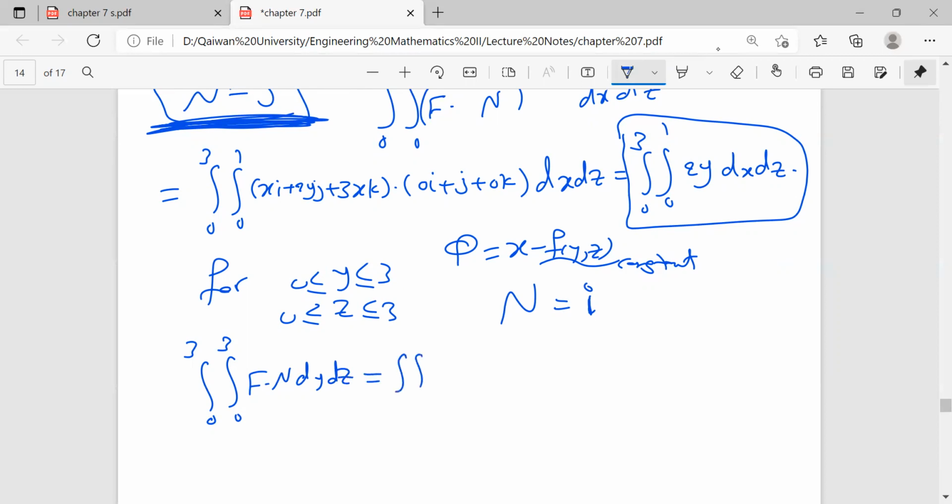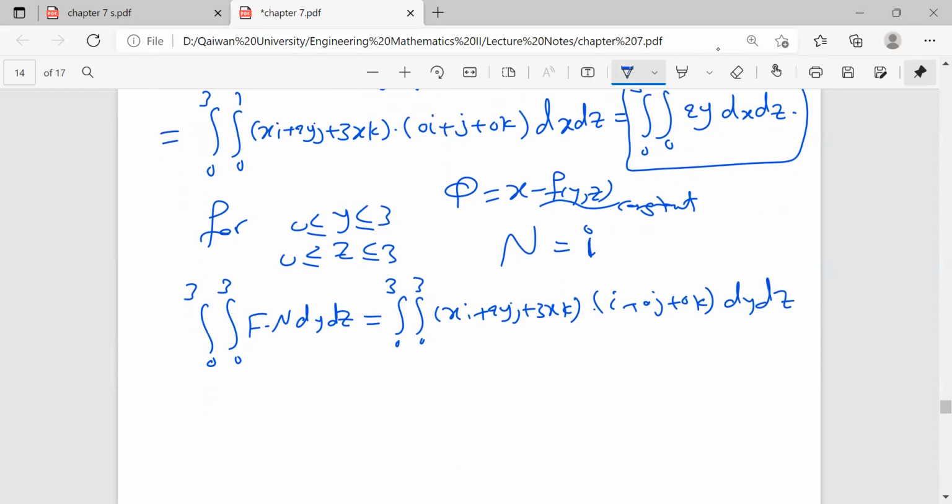This equals the double integration from 0 to 3 and from 0 to 3 for xi plus 2yj plus 3xk dot i plus 0j plus 0k. As you have no j and k, their coefficients are 0. dy dz.